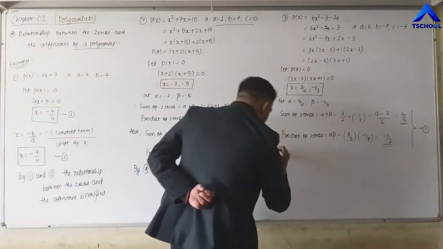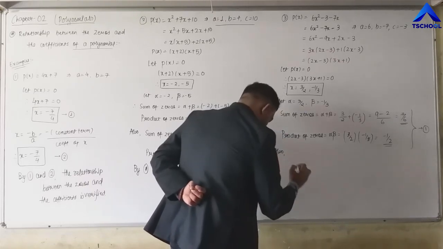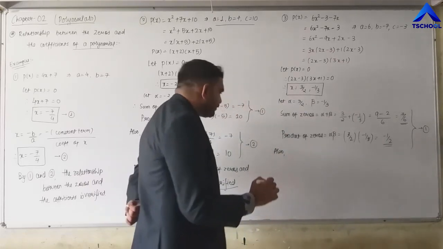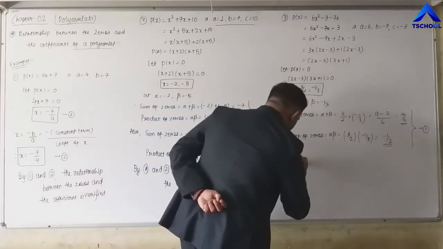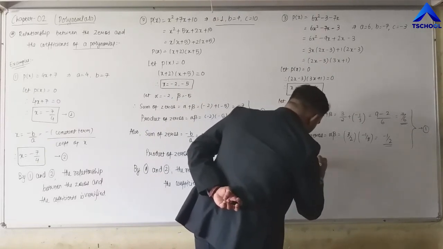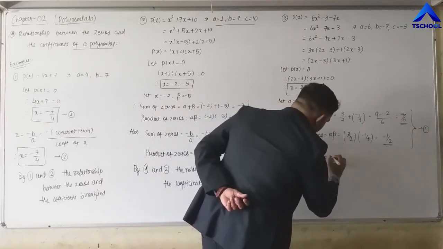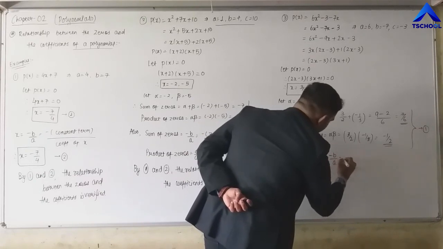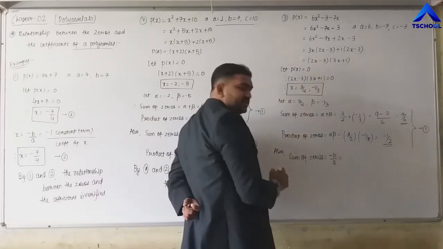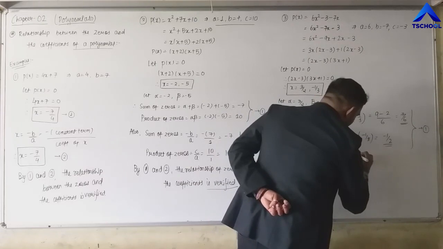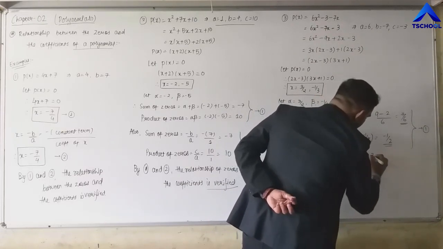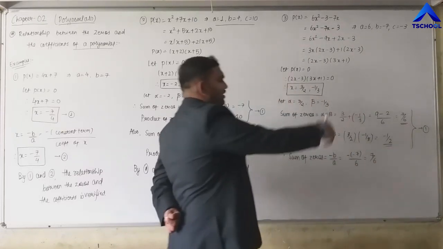But we also know that the sum of the zeros is minus b upon a. What is b equals to? Minus 7. So that is minus of minus 7 upon 6, that is 7 by 6. You can verify it.